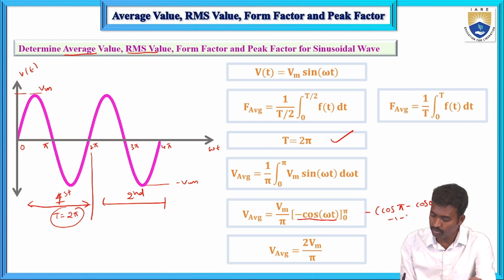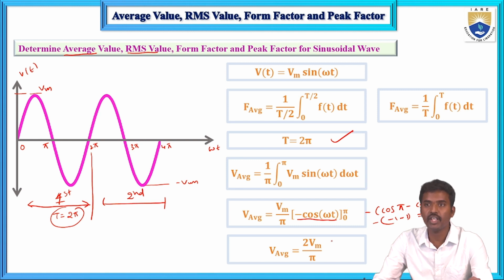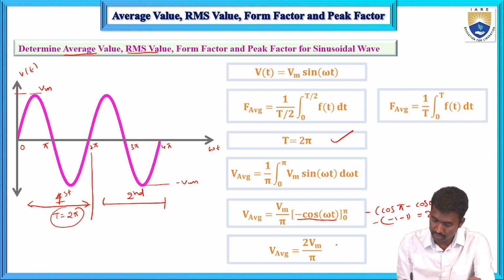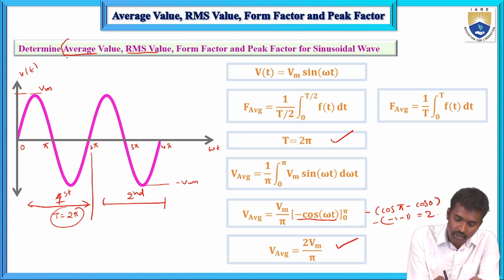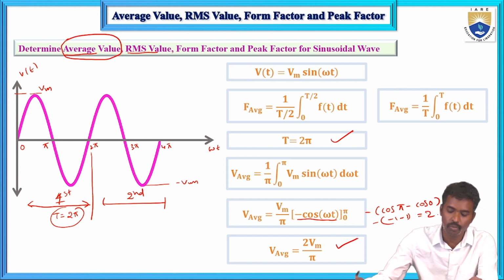This is minus of minus 1 minus 1, that equals 2. So 2 into Vm by pi. The average value equals 2 Vm by pi. Average value determined here. First one completed.